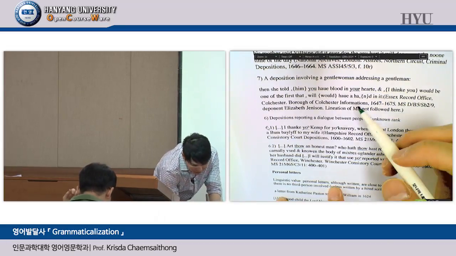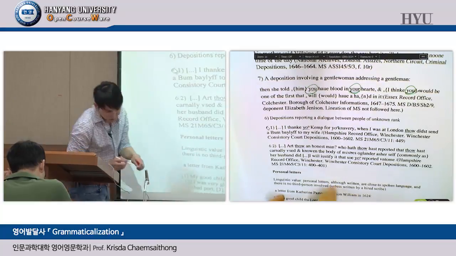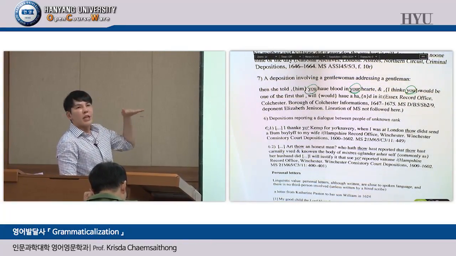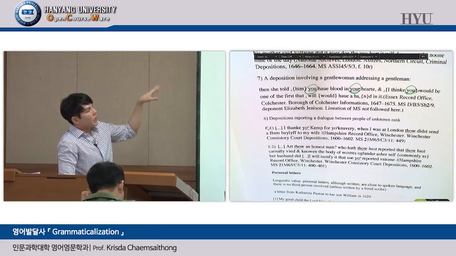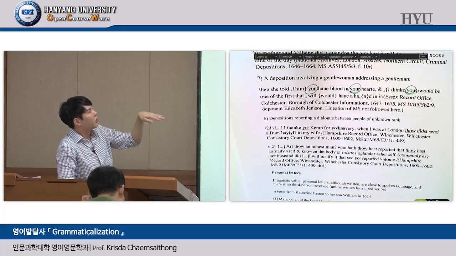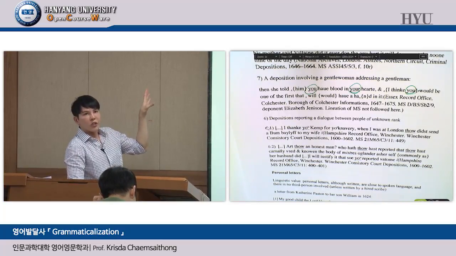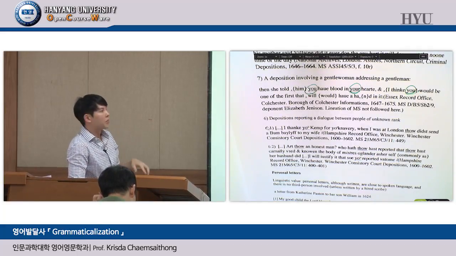So in this case, you would expect the form you to be used, right? Because one, it's a formal setting. This is not just a quarrel, not a fight between two people. So in this case, the social factor, which is the rank or the social status of the two people, governs the use of the Y form or the TH form.